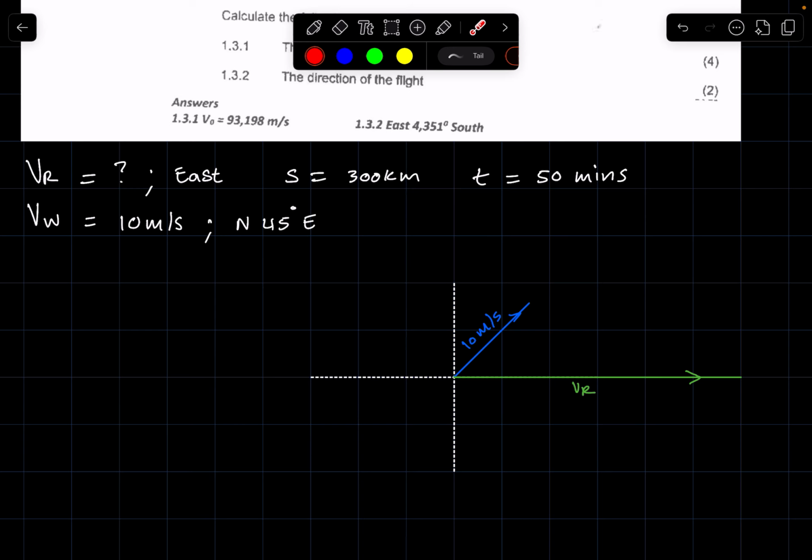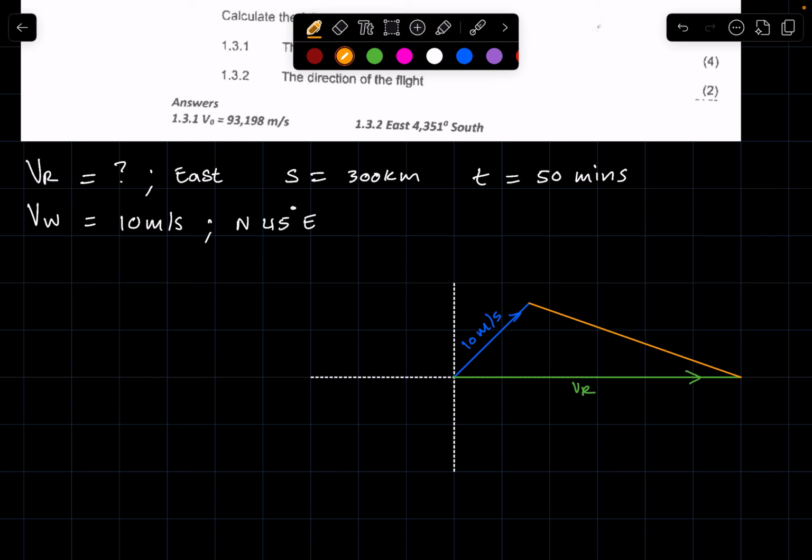Just like in this case, we've been given the direction of VW, we've been given the direction of VR. To complete the vector diagram, we know that we need to draw this one, which then completes the triangle.